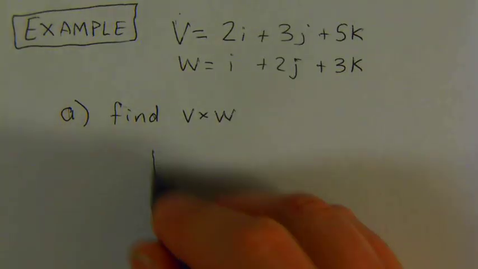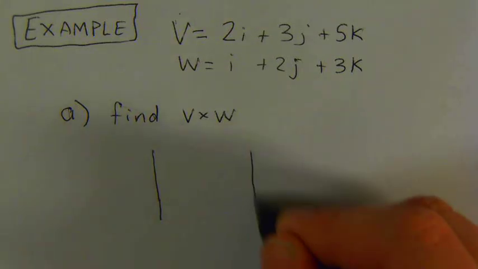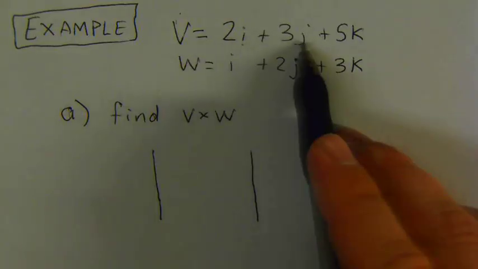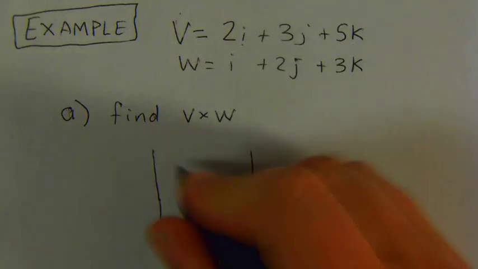We are going to set up a 3x3 determinant, just like we just did. In the top row, we are going to put our variables i, j, k.